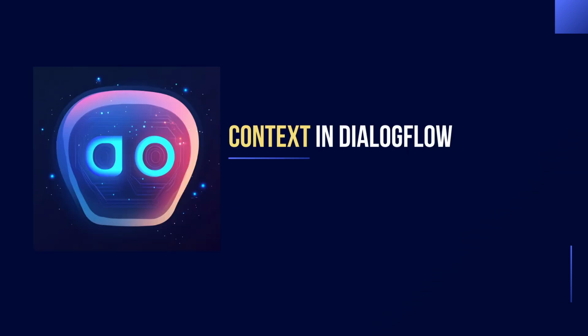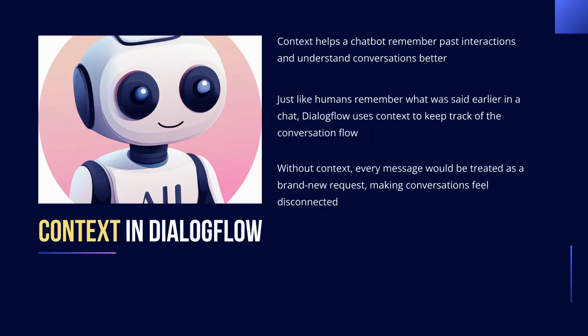Alongside intents, contexts are crucial for a chatbot's ability to handle a conversation intelligently. Contexts help the chatbot remember what has been discussed previously, avoid repetitions, and ensure relevance in responses.